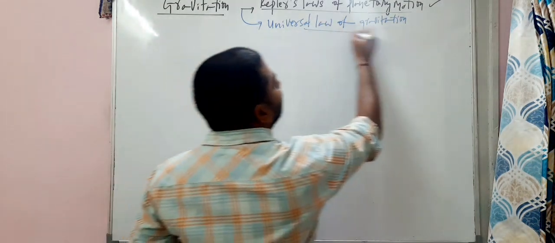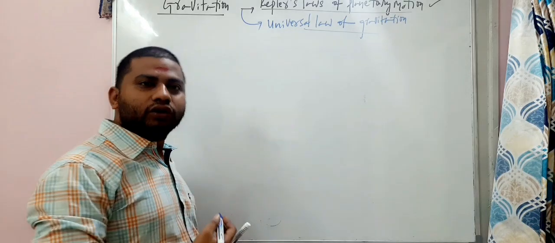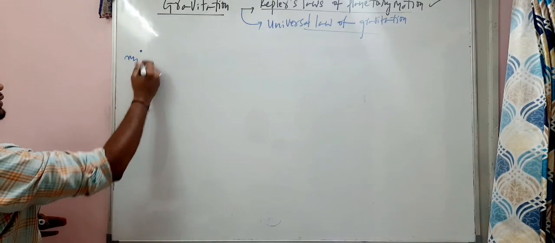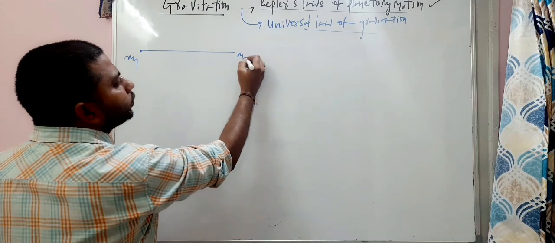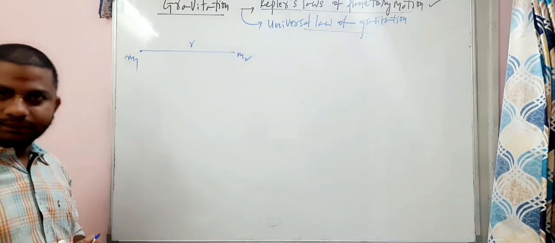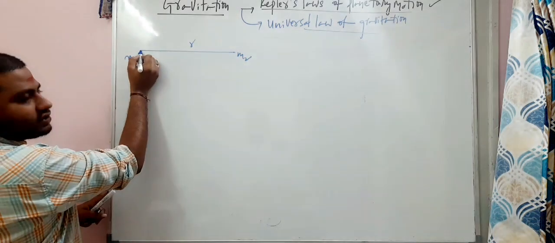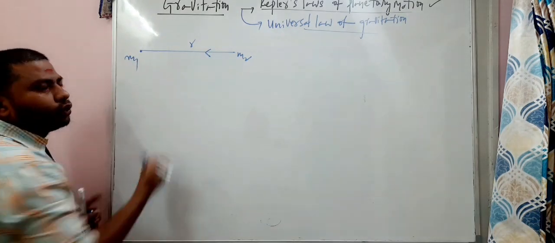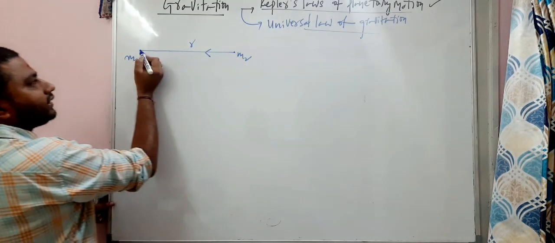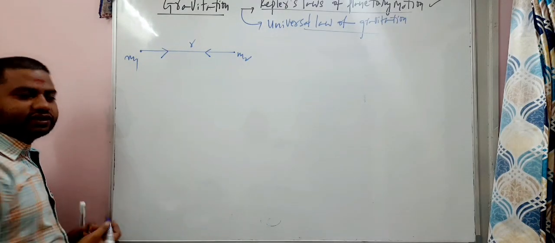According to this, in your lower classes, you might have learnt about two masses m1 and m2 which are separated at a distance r. This mass will attract m2 in this direction, and this mass will attract m1 in this direction.